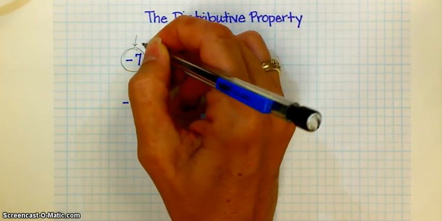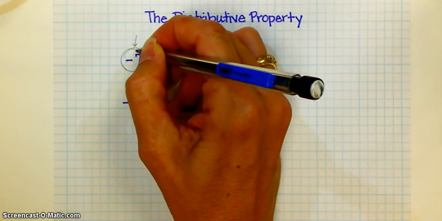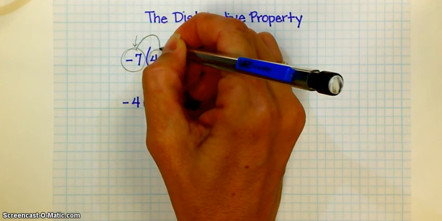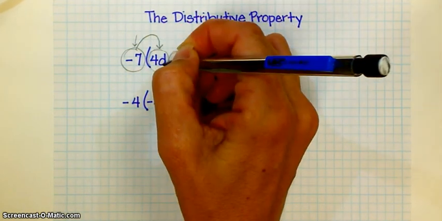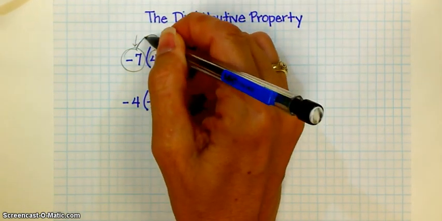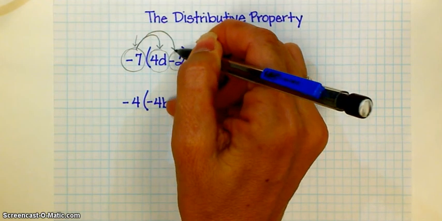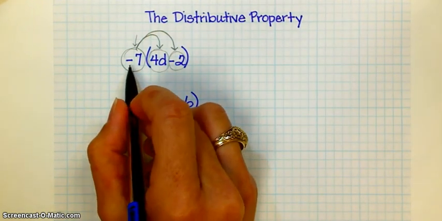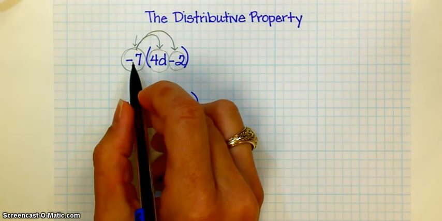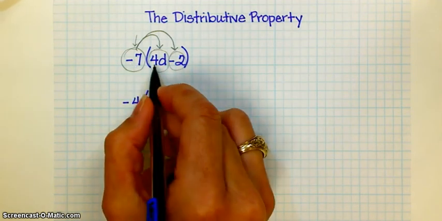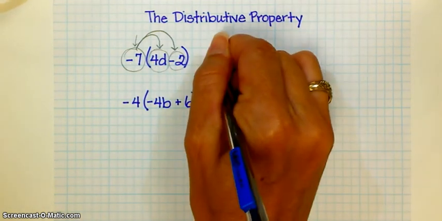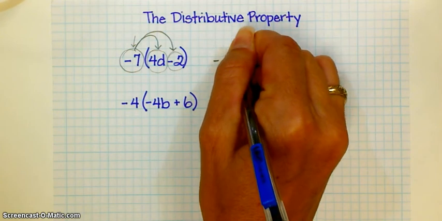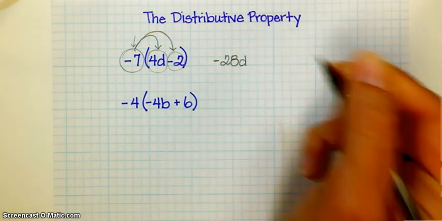Okay? And the way that you can deal with that is you take -7 and you're going to multiply it by this first term. And then you take -7 and you multiply it by this other term. All right, so when you distribute the -7, you're going to wind up with -7 times 4d, which is -28d.